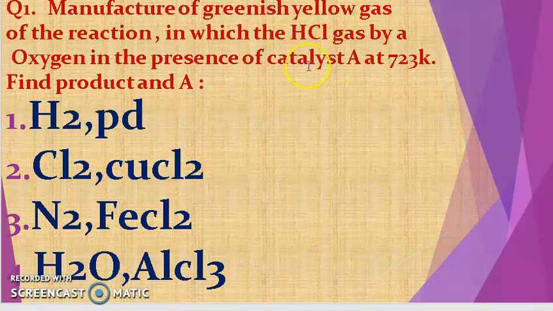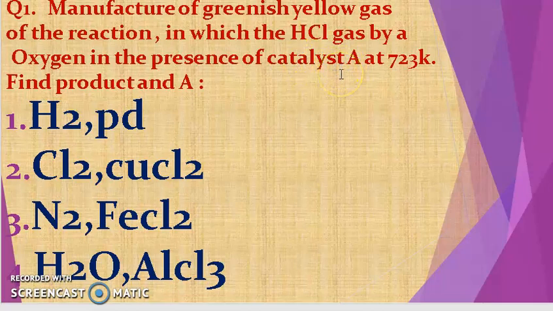According to this question, HCl gas reacts with oxygen in the presence of catalyst A, so it is not the electrolytic process, it is the Deacon process. We got the name of the reaction now.